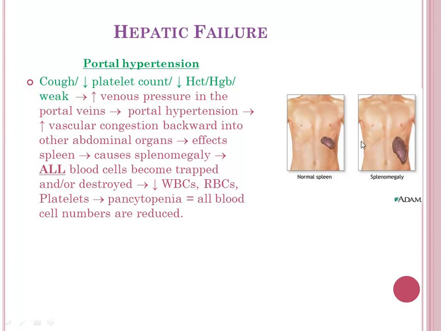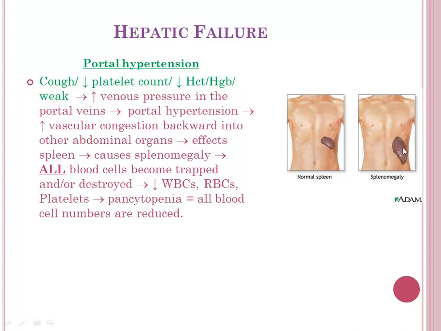Well, what happens with this portal hypertension is this back pressure causes all of these red blood cells, white blood cells, and platelets to get trapped. And because the spleen is like a blender, because it's always cleaning and mixing and doing all kinds of things to keep all of our cells healthy, they get trapped in this blender, and therefore those cells get destroyed.